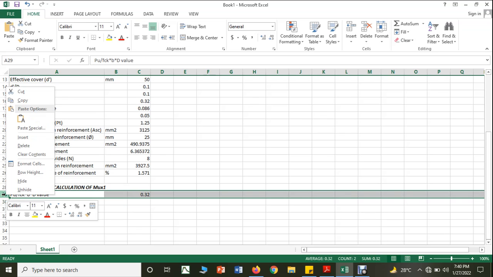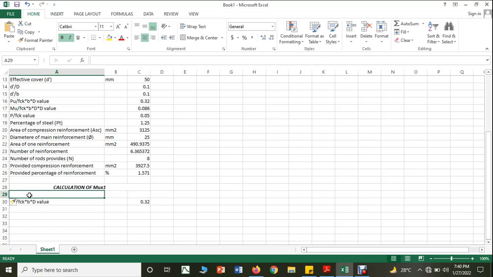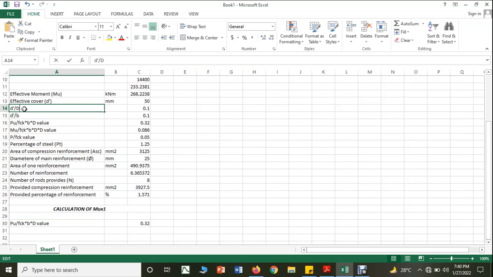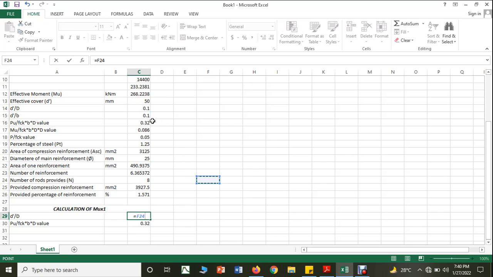So keep it in mind, if I am considering a rectangular column, while finding Mux1 you use d dash by D value, and while finding Muy1 you use d dash by B value. But since now I am using a square section, I can directly write d dash by D and d dash by B the same. So I can directly write this value here, 0.1.